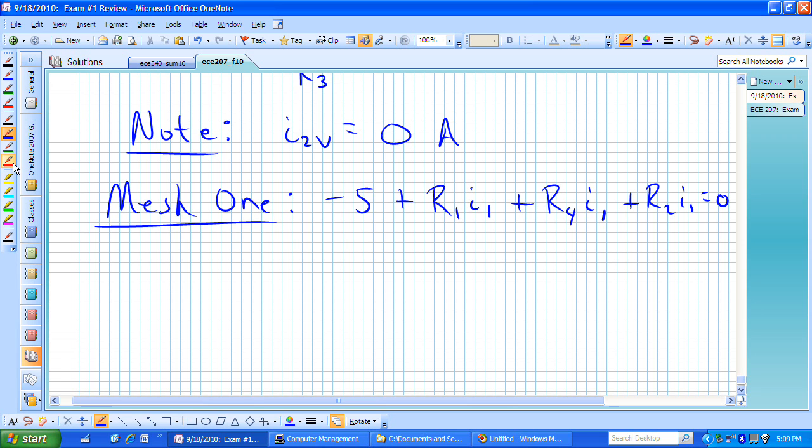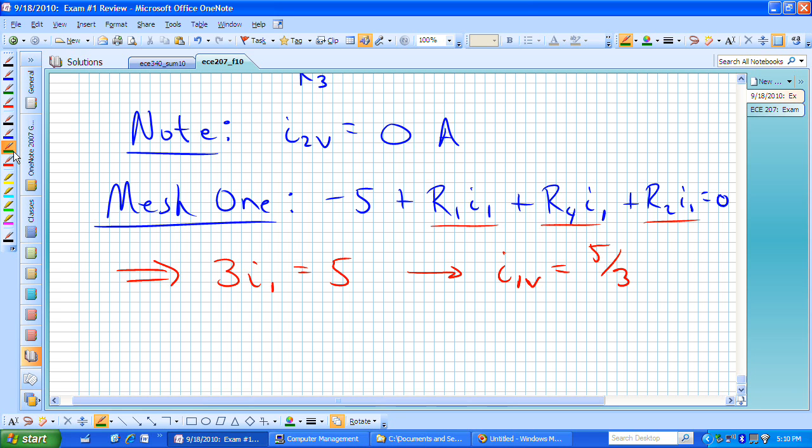We have 3 terms involving I1, and each of those coefficients is equal to 1, so we now have 3I1. If we add 5 to both sides, we now have I sub 1, due to the voltage source only being present, is 5 over 3.